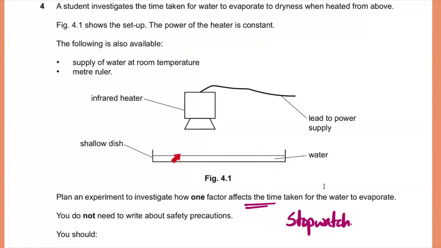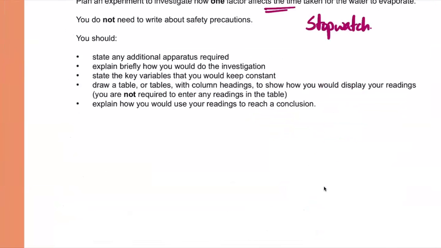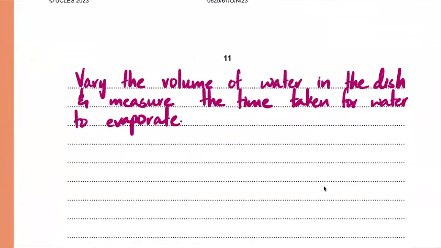The surface area of the water, that can also be written, right? Because surface area also affects the rate of evaporation. If I take a different dish in which I have a lesser area exposed, that would reduce the evaporation. So out of these, you can write any two.